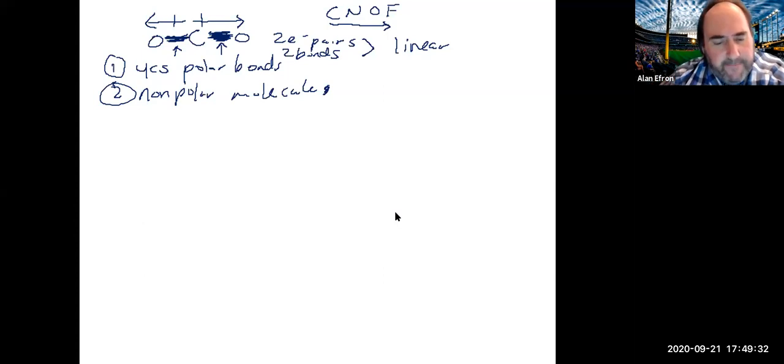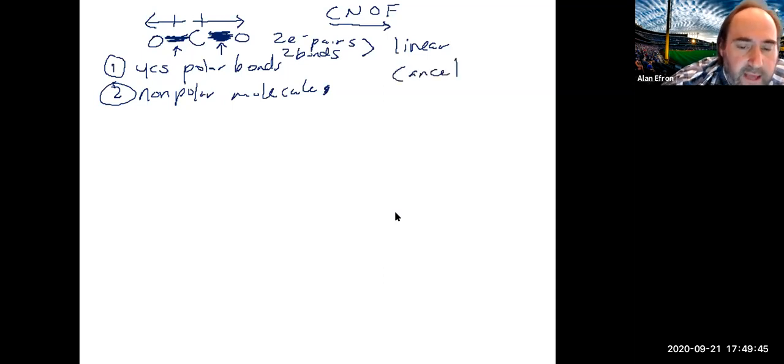What happens in this case is, even though it has polar bonds, because of the geometry, they are actually going to cancel each other out. So these bond dipoles cancel each other out, and we end up getting a molecule that is nonpolar. This is a very good example to show that you can definitely have a molecule that has polar bonds, but because of the geometry, they will cancel out.